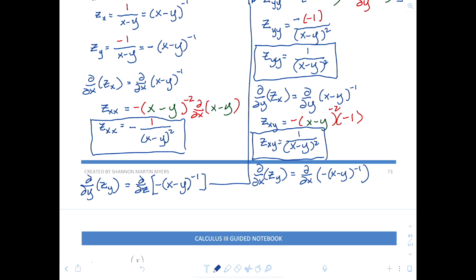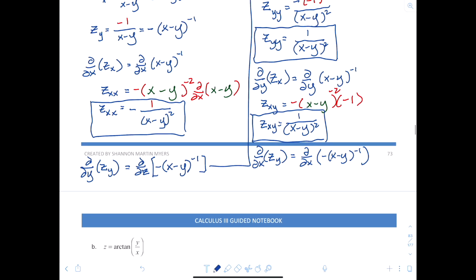So what's going to happen is we'll get z_yx is equal to negative times negative of our something to the negative 2.